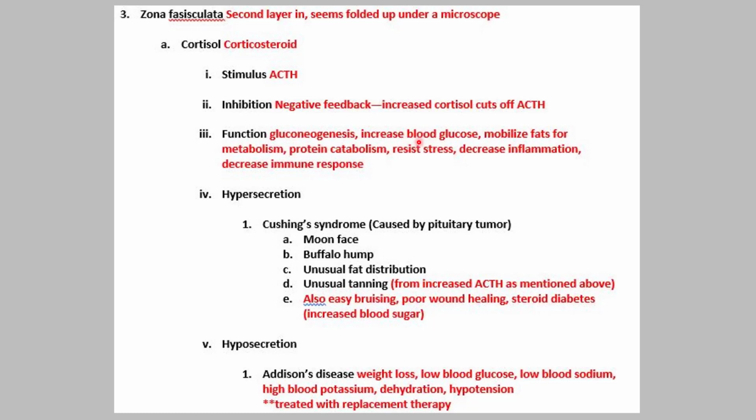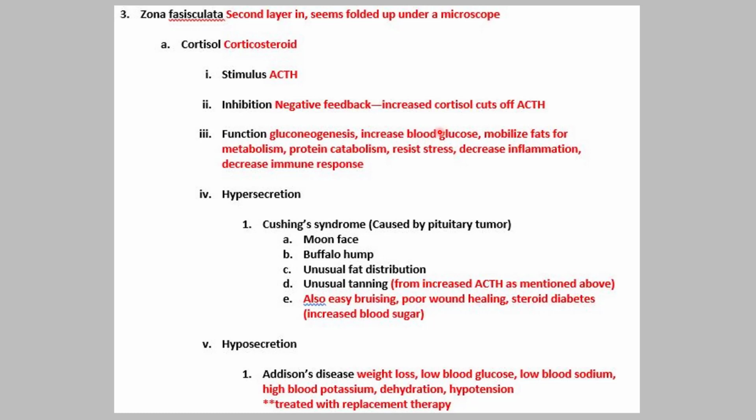Increased blood glucose. When cortisol is up, it raises blood glucose, which interestingly, if you've ever had cortisone injections for joint pain or something like that, cortisone is just synthetic cortisol. If you've ever had cortisone injections, you notice you get a lot of energy and you pee a lot.